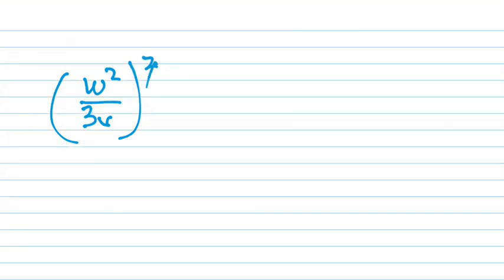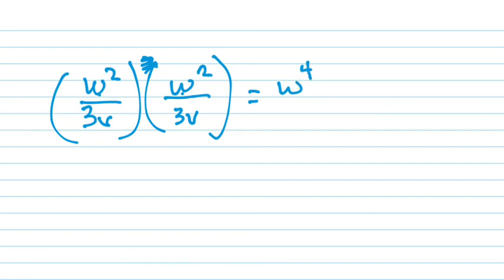So that literally just means take that thing times itself, right? So in the top, w to the second times w to the second is w to the fourth, because you keep the base and add the exponents. In the bottom, 3 times 3 is 9, and v times v is v to the second, or v squared.